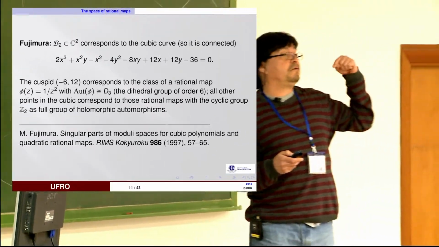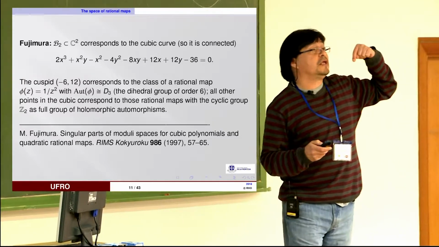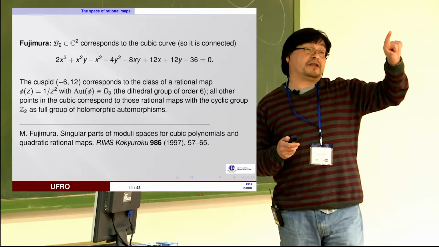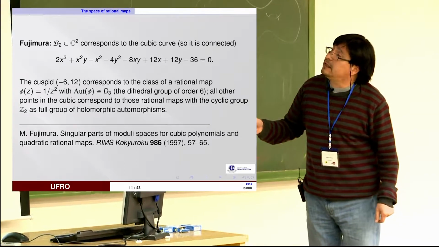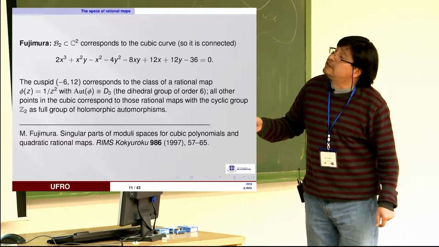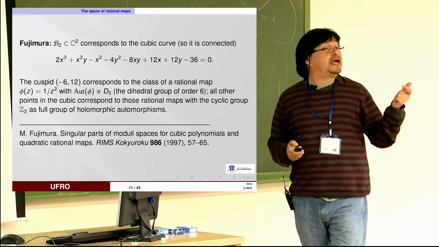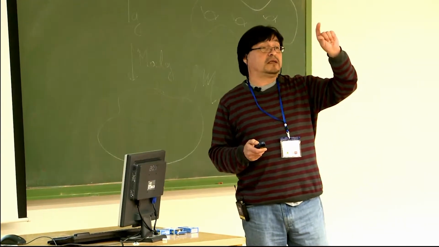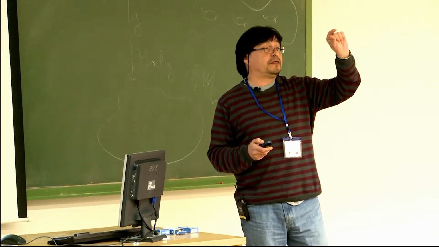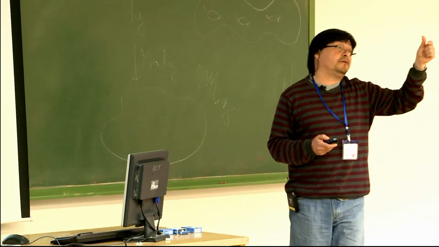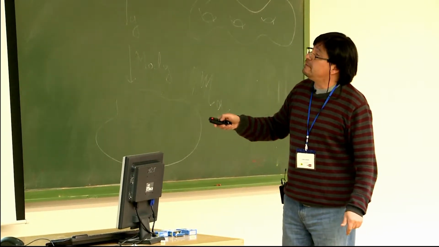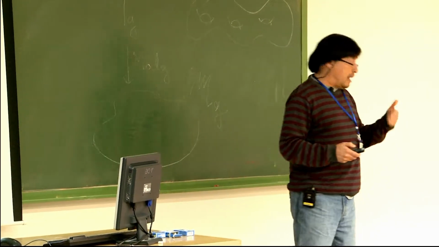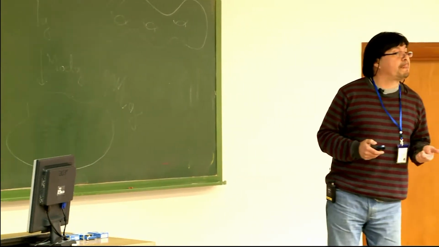Remember that I told you before that in degree 2 there were two types of automorphisms, of order 2 and order 3. Here you have a cusp, which is the case where you have both types of automorphisms, one of order 2 and one of order 3, and they generate the dihedral group D3. And the rest of the cubic is exactly those admitting a Z2 automorphism.